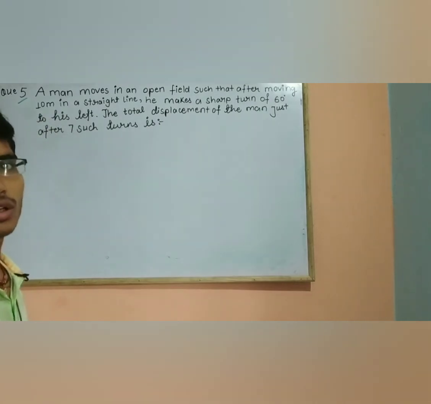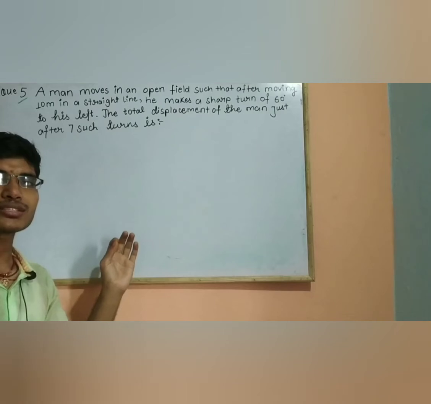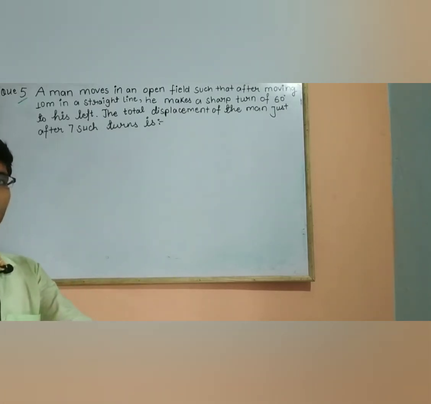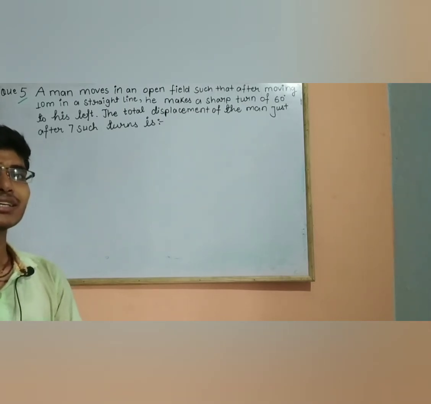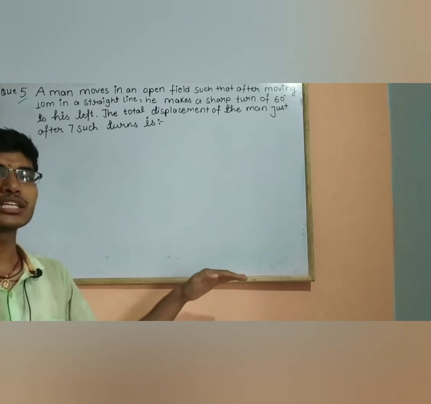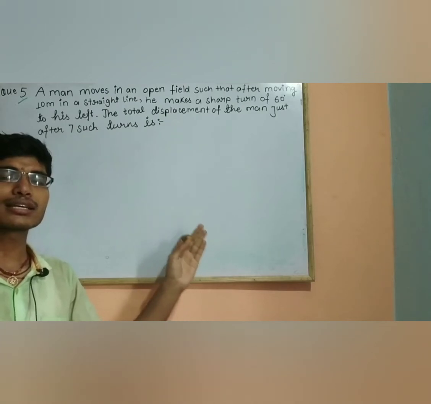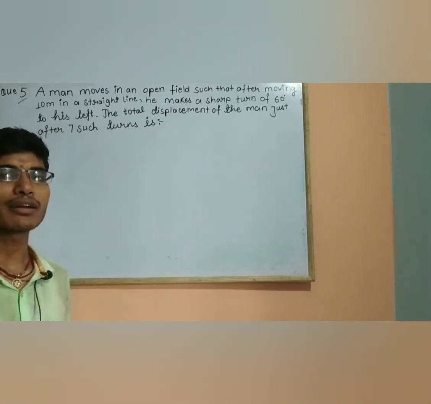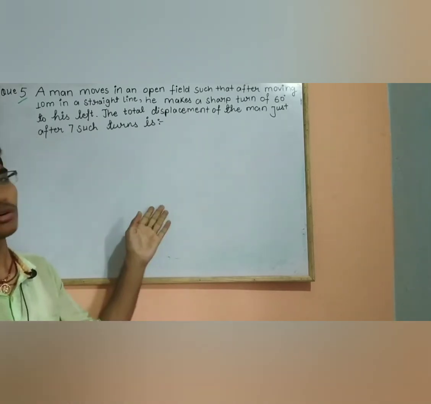So the question says that a person walks in an open field, and after walking each 10 meters, the person takes a sharp turn of 60 degrees from the initial path towards his left, and he consecutively takes 7 such turns, and we have to find the displacement of that person in the open field.